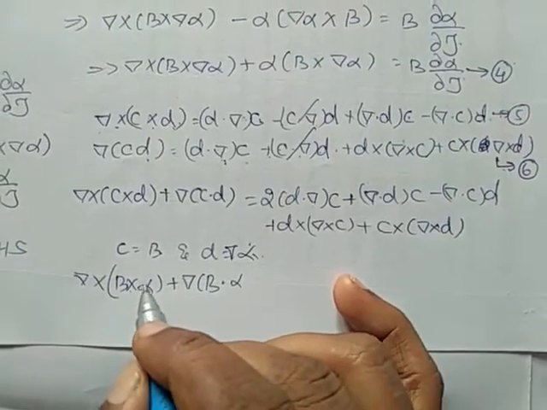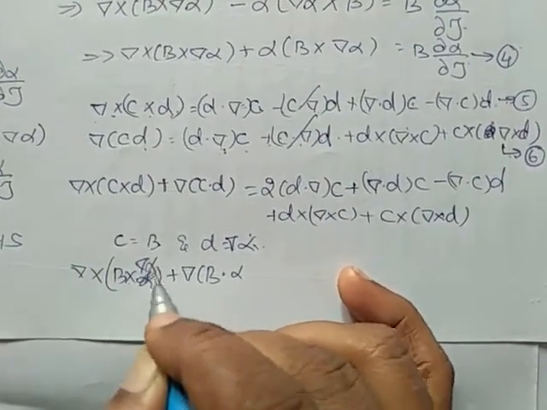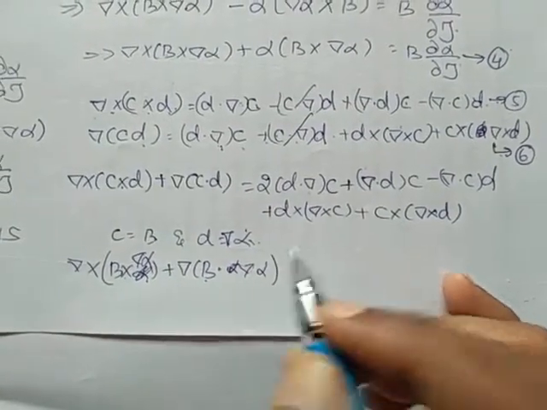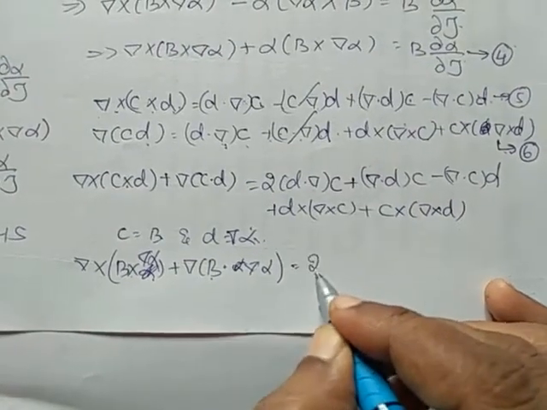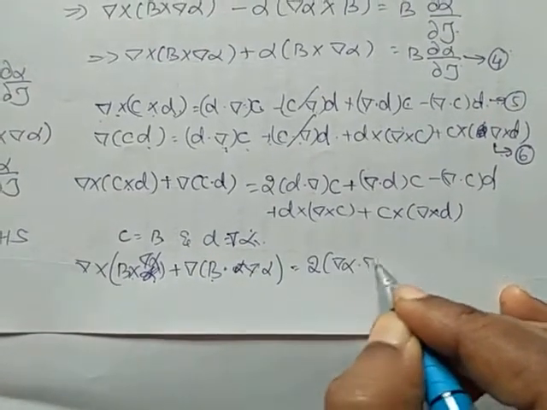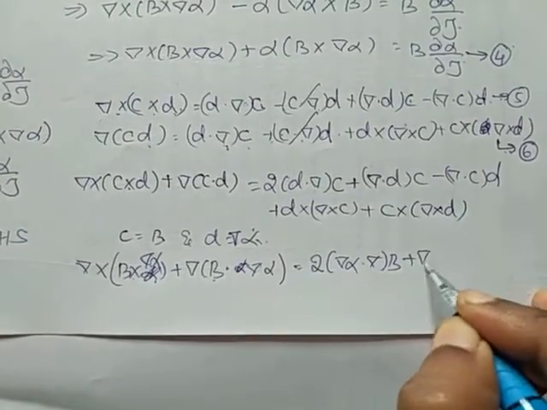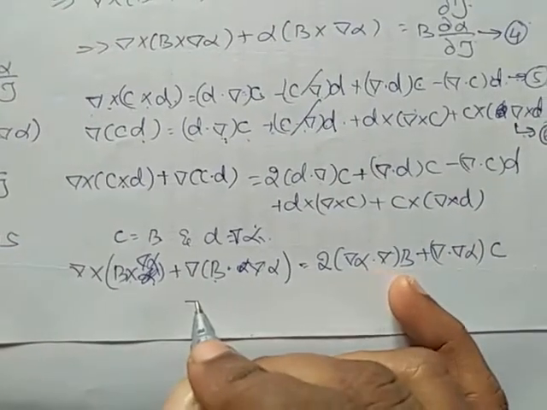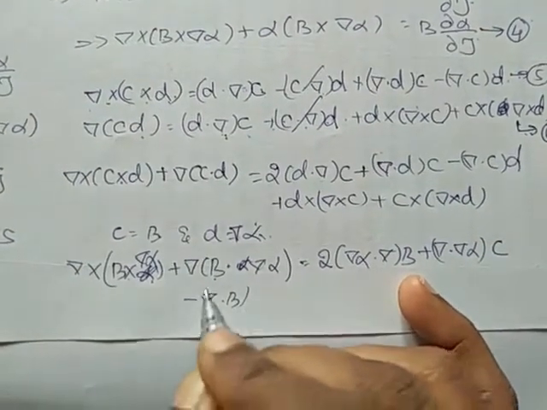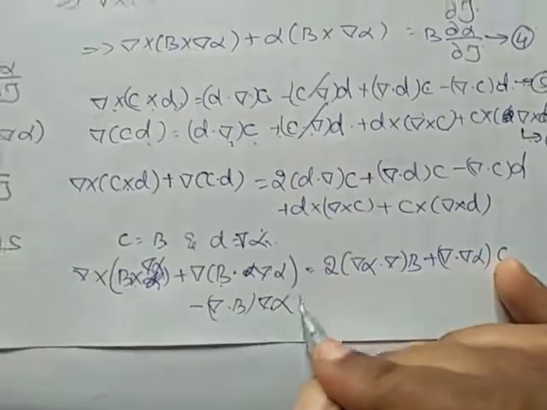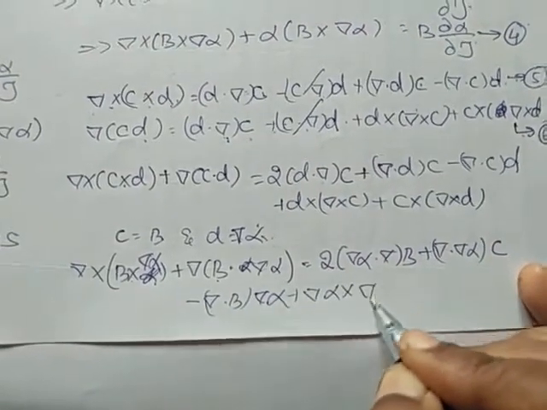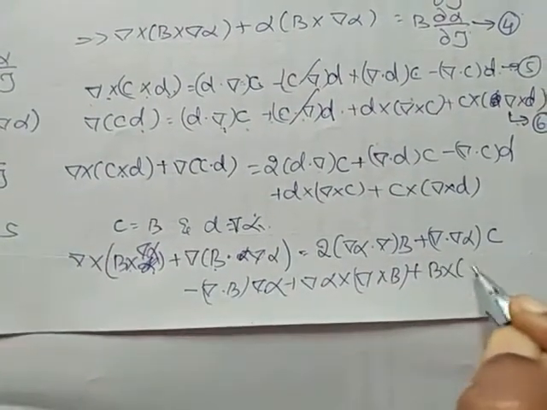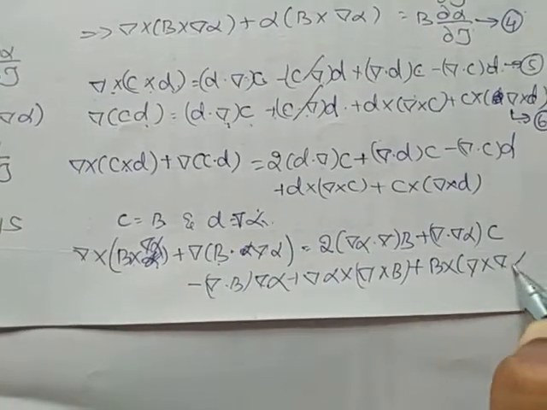So here also, B cross del alpha is equal to 2 del alpha dot del B plus del dot del alpha C, minus del dot B del alpha plus del alpha cross del cross B, plus B cross del alpha.